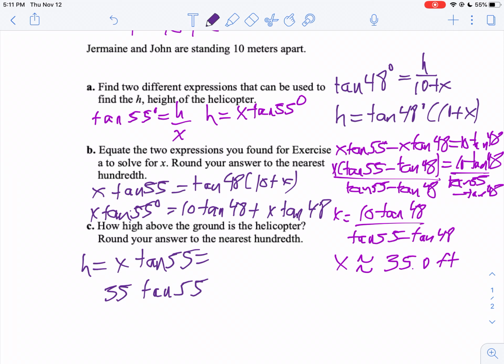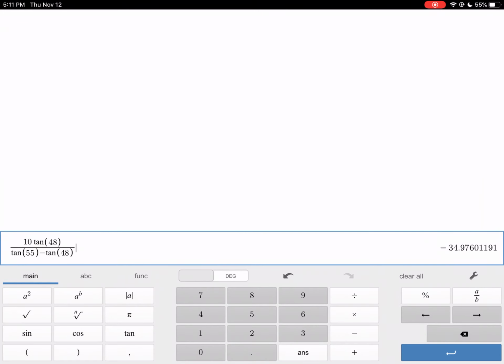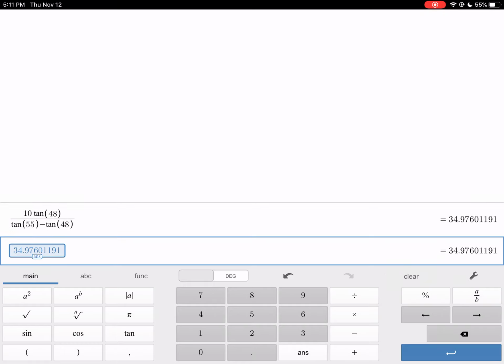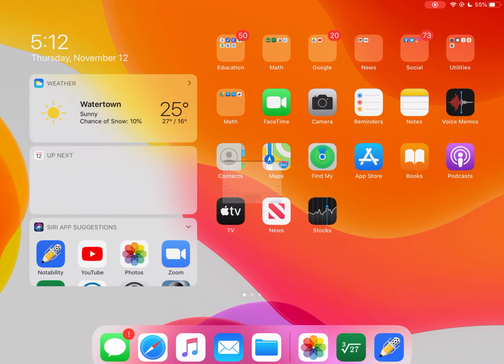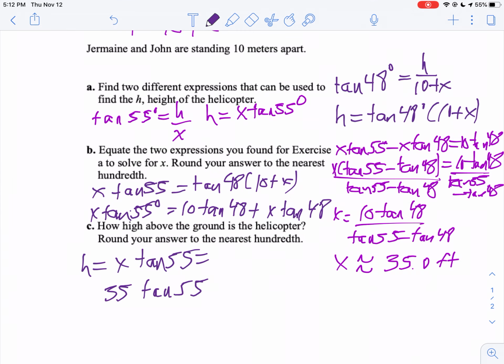So if I use my calculator, I already got my 35 here. So I'm going to take my answer times the tangent of 55 degrees, and I get 49.9, which would be 50 if we round it to the nearest hundredth.